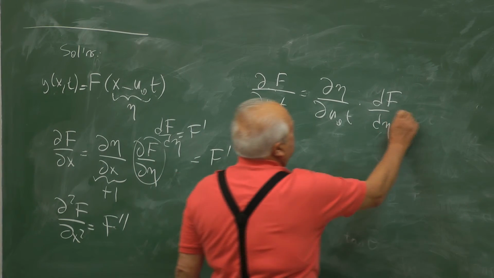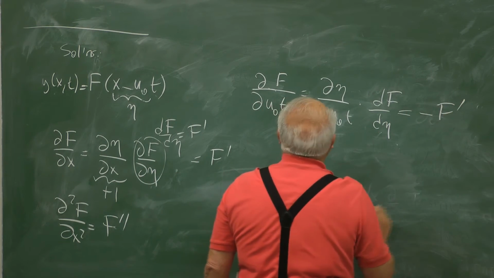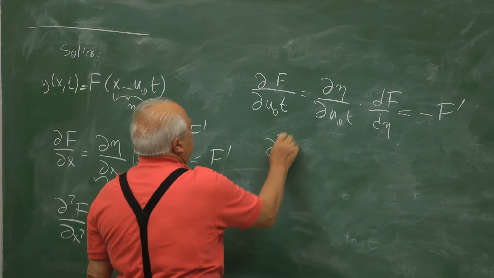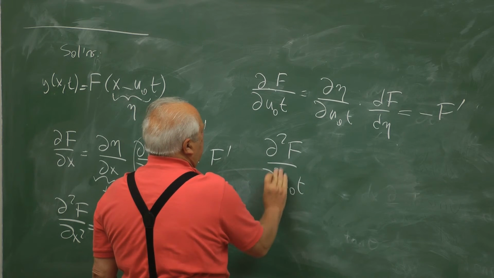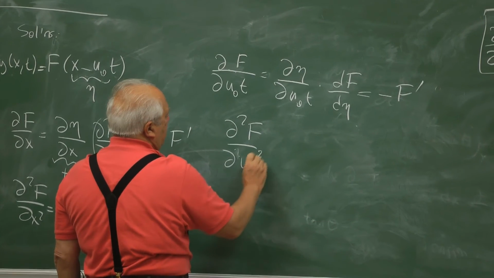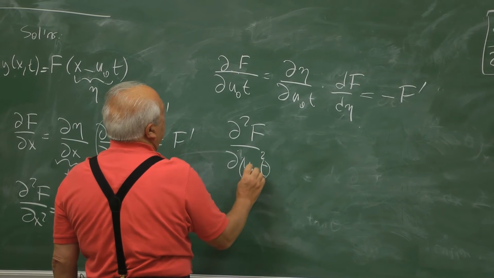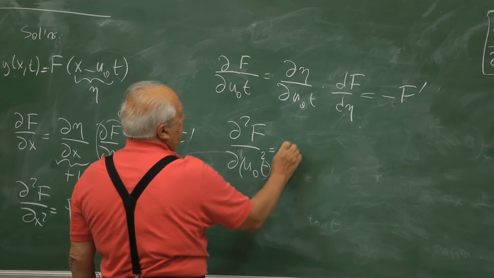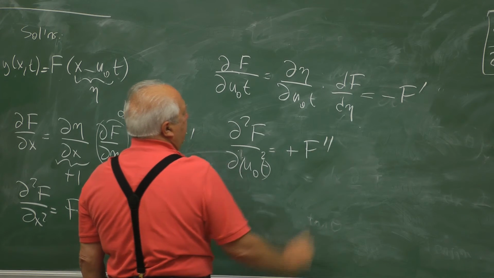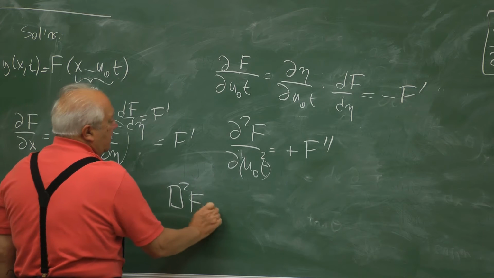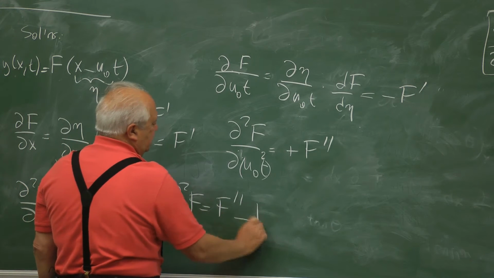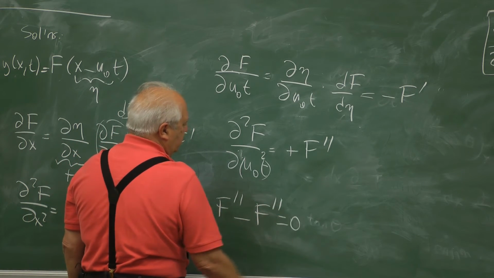So it is minus f prime. So the second derivative is equal to plus f double prime. Therefore, this is f double prime minus f double prime, that's equal to 0.